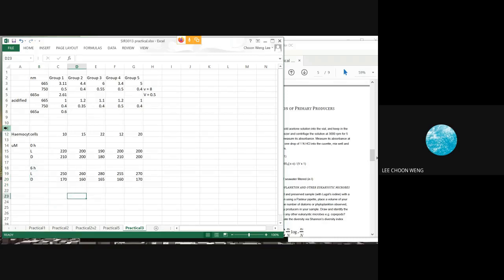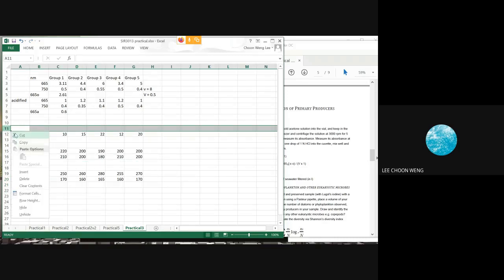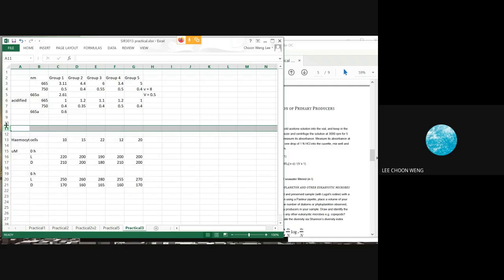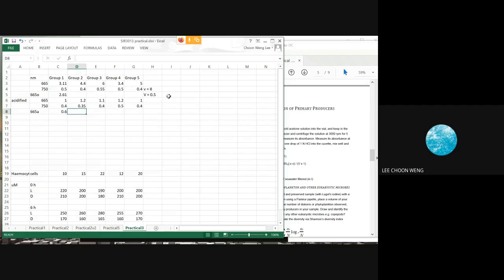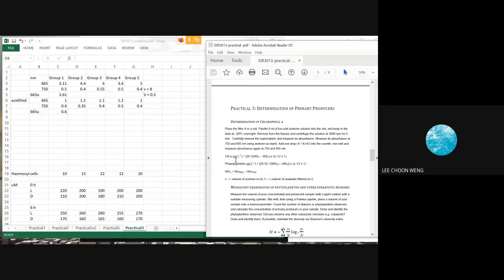Calculate for group 1 to group 5 your chlorophyll A in microgram per liter.